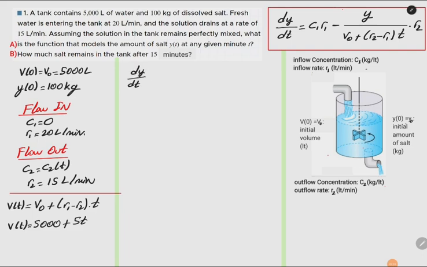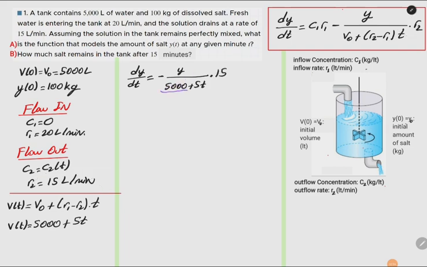dy over dt is equal to, since C1 is equal to 0, I don't need to write this first term, it goes away. And what about the second one? Minus y divided by this V(t) function, which is 5,000 plus 5t, times R2. And R2 is 15.